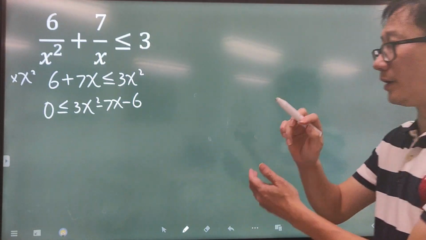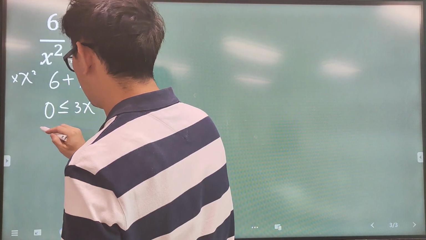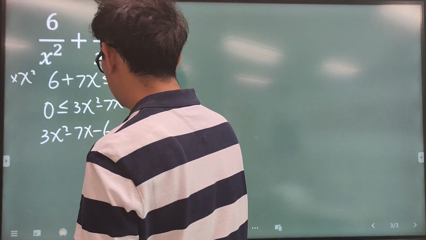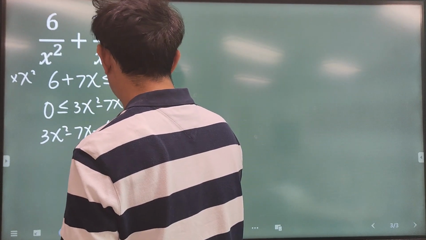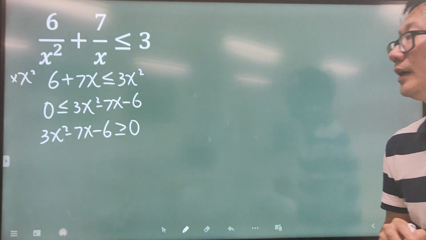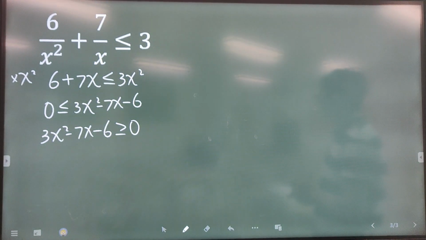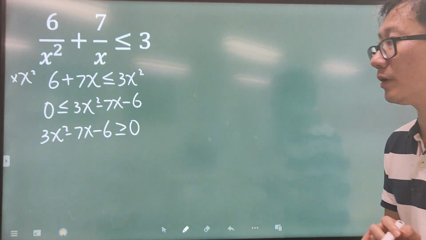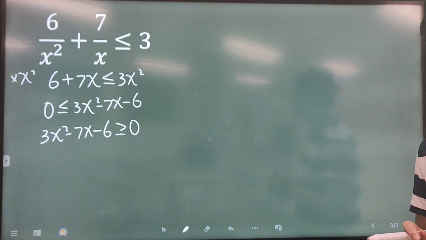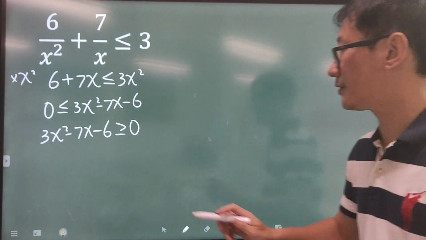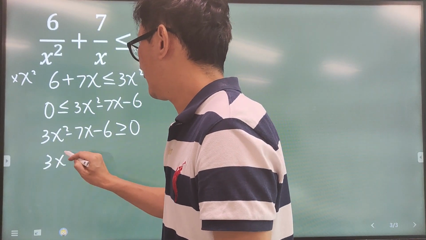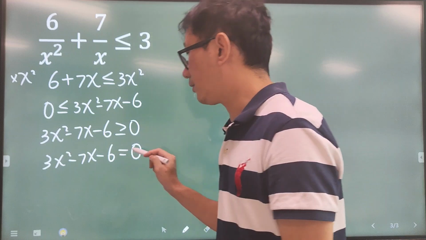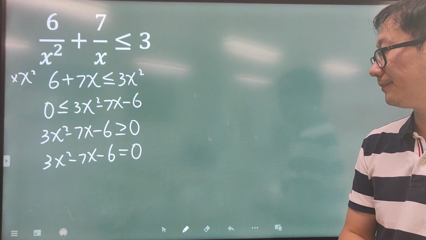Okay, so let's swap the sides. 3x squared minus 7x minus 6 is greater than or equal to 0. And then comes the important step. We want to change the inequality to an equation first so that we can find critical points. 3x squared minus 7x minus 6 is equal to 0.